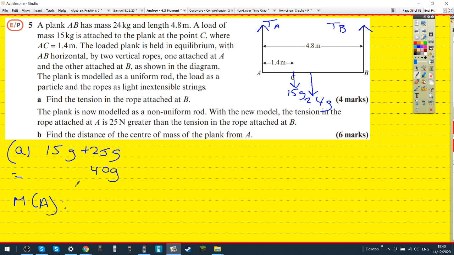TA isn't 1.4 meters away from A. Oh, so I should leave that as 0. Should I go on to the next one? Yeah. So is that 1.4 times 15? And do I then do 2.4 times 24, 25, sorry, 2.4 times 24G.